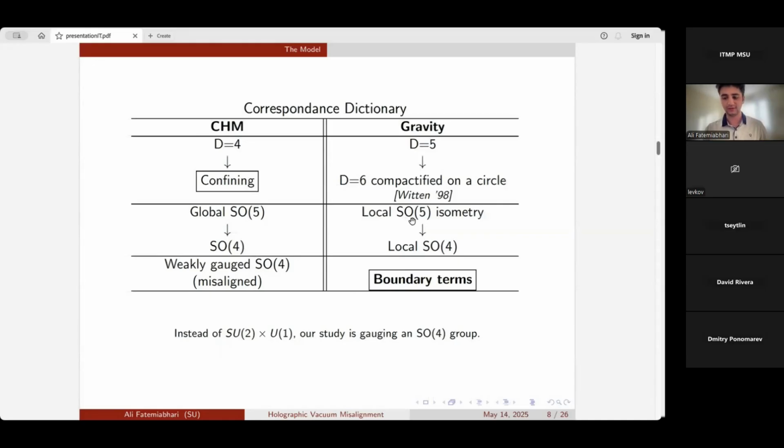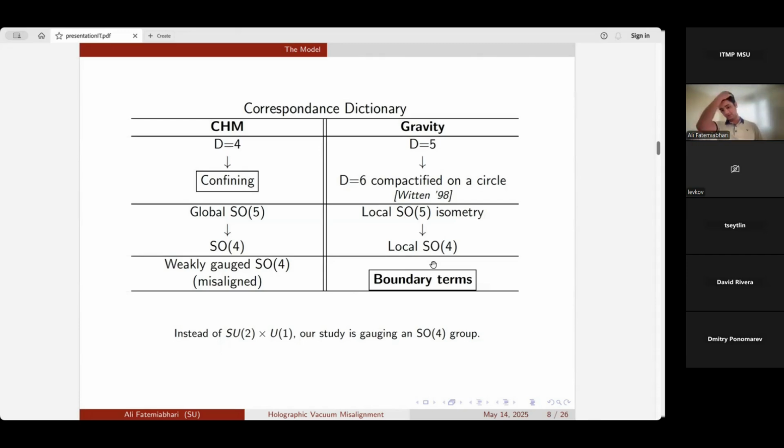But in five dimensions, you explicitly break local SO5 to local SO4. Why explicit? Why not spontaneously? No, this part is spontaneous. This part is definitely spontaneous. Okay. So you had explicit breaking by gauging the subgroup, right? Yeah.